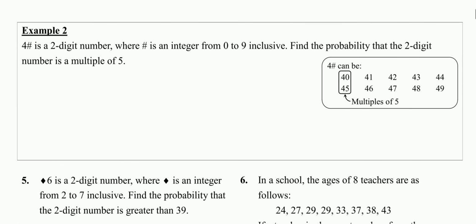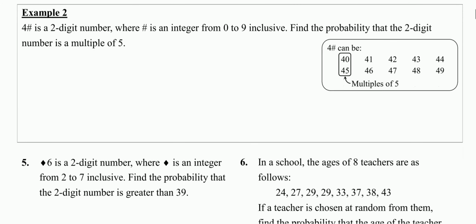And for one more example, example number 2, we want to find the probability that the 2-digit number 4 something is a multiple of 5. As you can see, the tens digit is 4, and the units digit can be anything from 0 to 9.